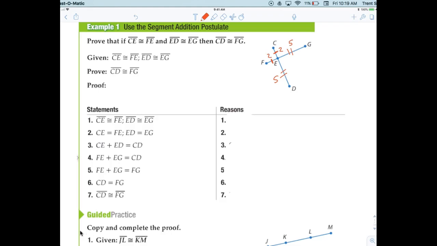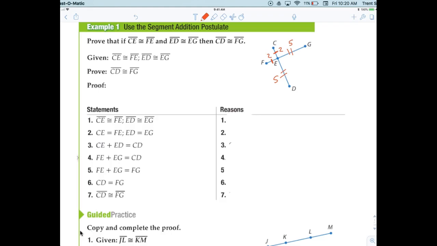So why is CE congruent to FE, and why is ED congruent to EG? Always the first part of the proof is the given. How do I know that's true? Because the statement tells me that's true. It's given as true.